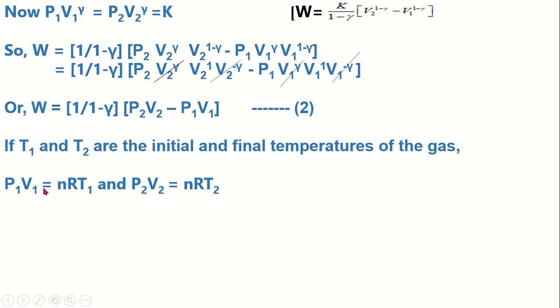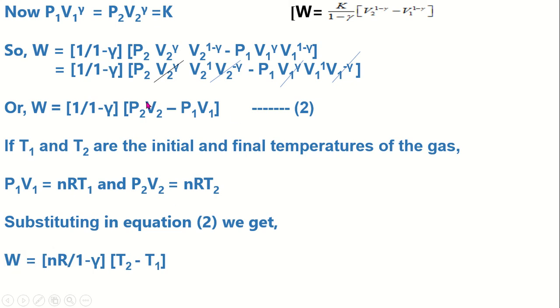So now we can put the value of P1 V1 and P2 V2 in the above equation, equation number 2. So it becomes W equal to, if I put here nRT2 and nRT1, n and R are constant, so we can take them outside, because R is molar gas constant and n is the number of moles. So it will be nR by 1 minus gamma into T2 minus T1, and that is the formula for calculating work done in adiabatic process.